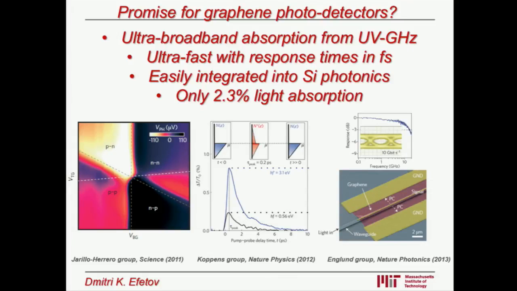And of course, a selling point, in particular from Dirk's group, where I am right now, is that you can integrate graphene very easily with silicon photonics. It is very easy to prepare a graphene photodetector on a silicon waveguide platform. The best graphene detectors at this point are as fast and as responsive as germanium detectors, which are right now the typical detectors used in these platforms.